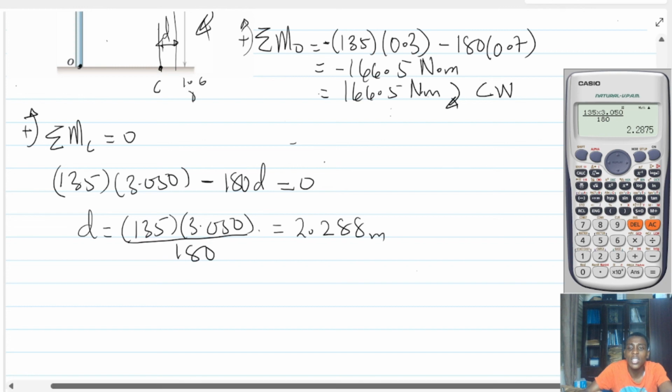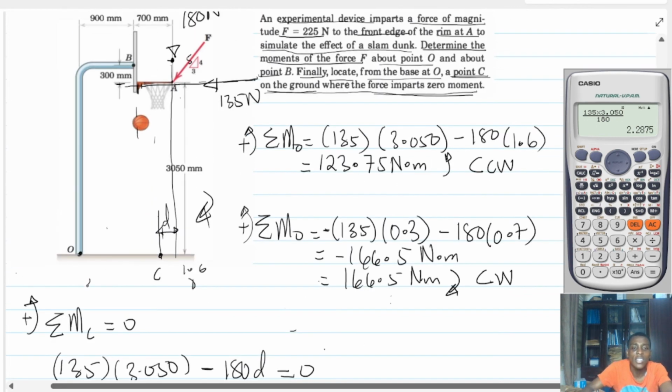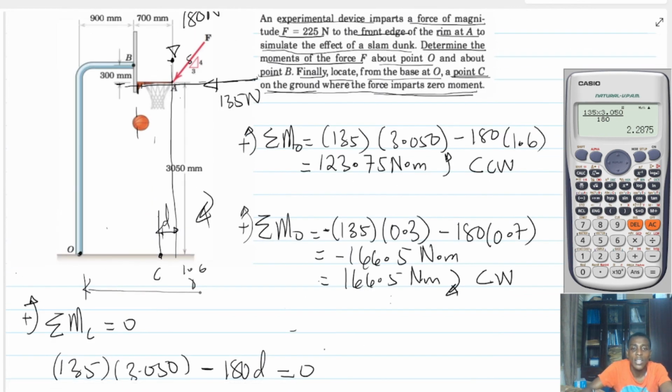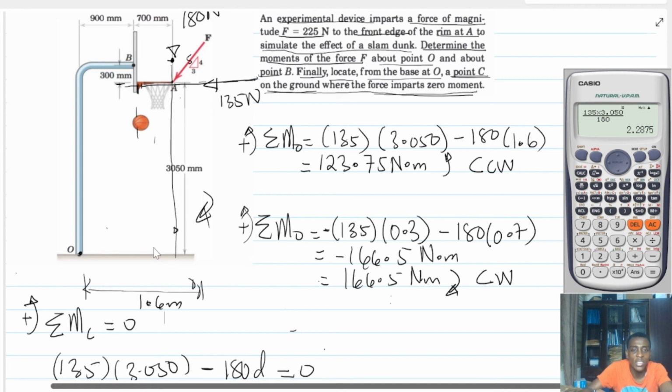Now, the whole of this distance from here to here is actually 1.6 meters. So if we are having a distance here which is greater than that, then it means the D is not actually a certain point here. Technically speaking, it must even exceed this.